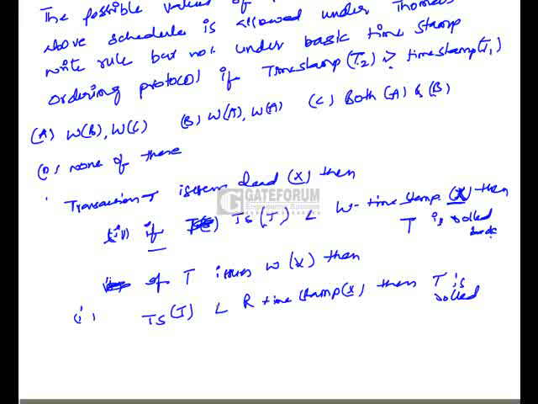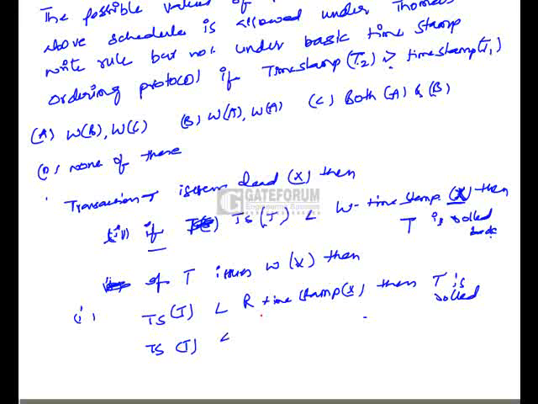That means it is trying to write a data item which was already read by a transaction which came after its arrival. In this case also transaction T is rolled back, because it should not write once the latest transaction has read the value.